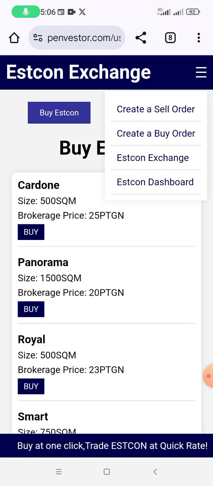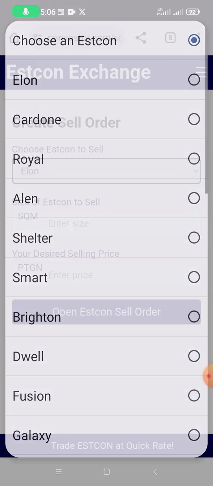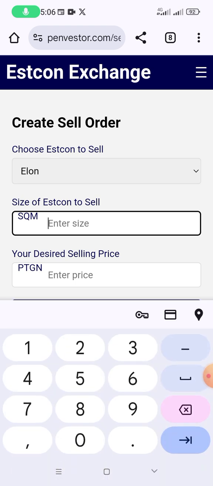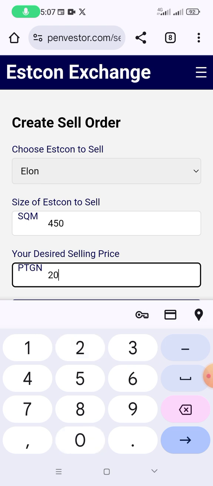Create a sell order. I'm selling 450 Elon at just 20. If I sell 450 at 20, it means I'm going to get 20 PTGN.